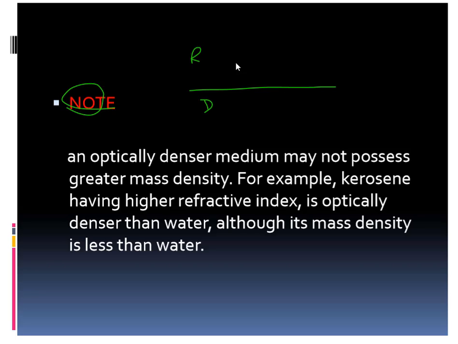This might be a little bit difficult for you, these words. In higher classes you are going to read about optical density, but for now just remember that optical density and density are not the same, both are different. Optical density means for a particular medium, in 1 second how much light can pass through it. That is called optical density. It is different from normal density.